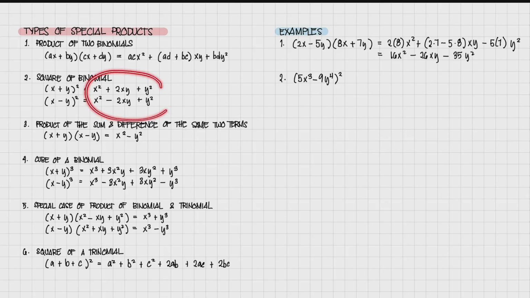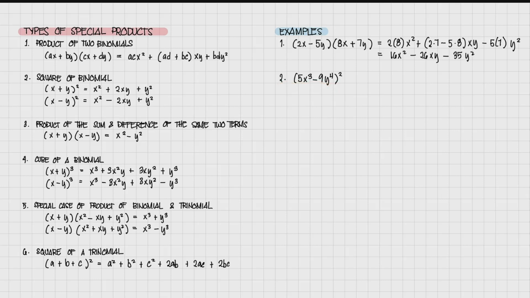In our formula, the first term is x and the second term is y. Thus, the square of the binomial comprises three terms: the first is the square of the first term, the second is twice the product of the first term and the second term, and the third is the square of the second term. Let's try and solve this example.